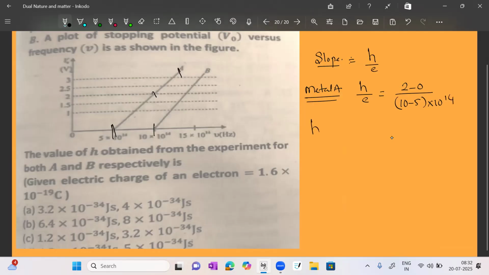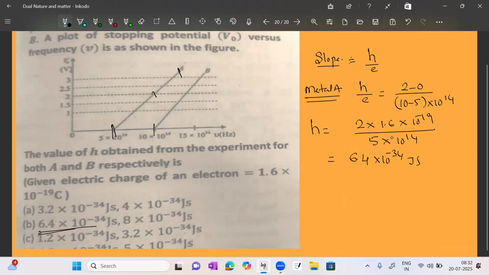Now I want h. h is equal to 2 into 1.6 into 10 power minus 19 by 5 into 10 power 14. If you do the calculation, you will get 6.4 into 10 power minus 34 joule second. So first part is this.